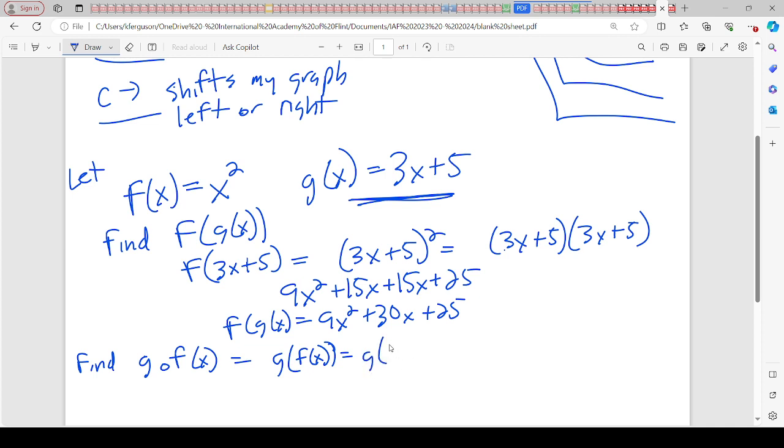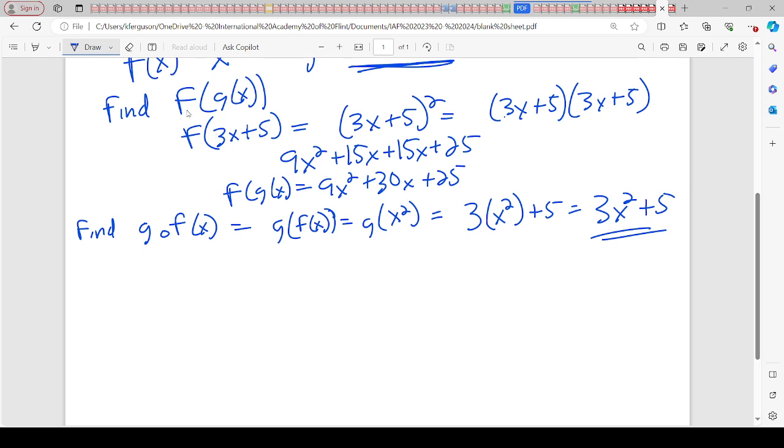So now I've got g of x squared. So wherever I have an x in my original function, I'm going to put x squared. So that's 3 times x squared plus 5. All I did was replace x with x squared. And then there's nothing to do there, but just rewrite it. 3 times x squared plus 5. And that's my answer. So that's f of g of x. This is g of f of x.